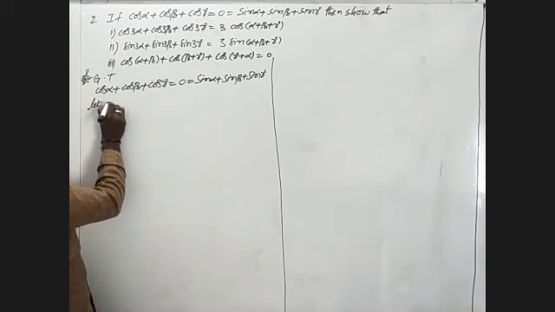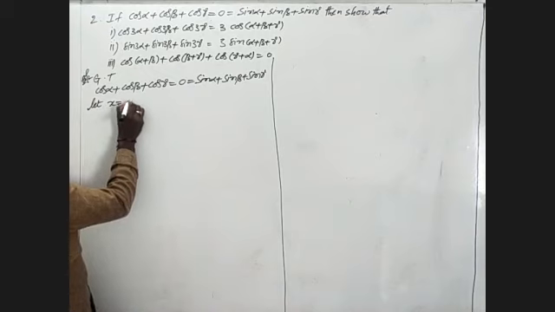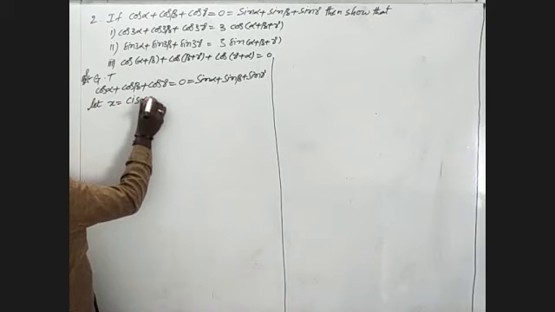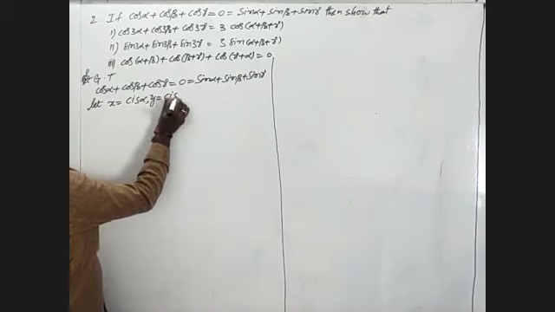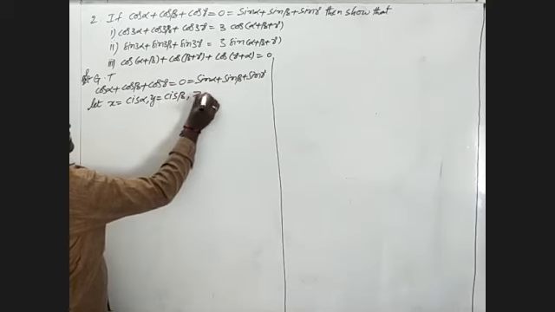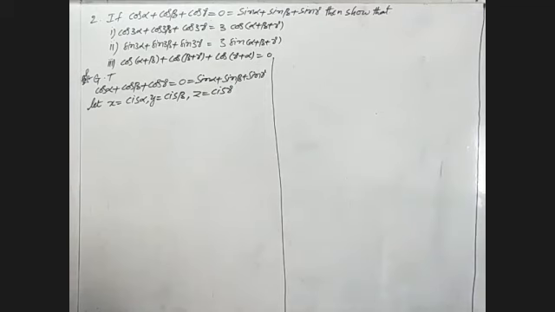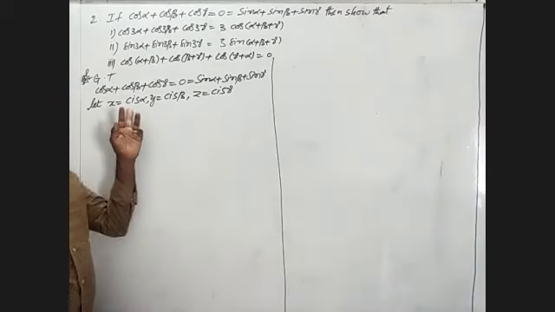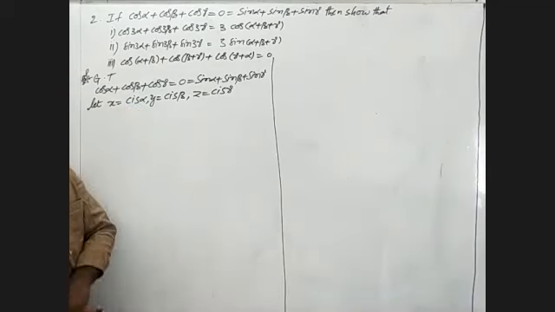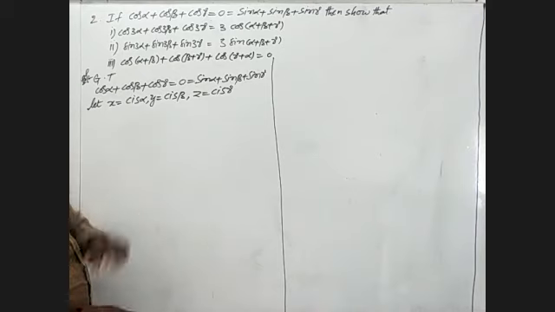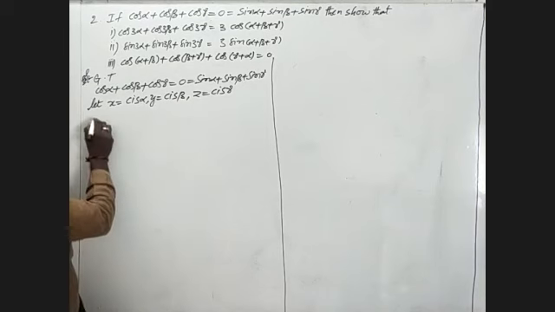Here we will take x is equal to cis alpha, y is equal to cis beta, z is equal to cis gamma, where cis alpha is nothing but cos alpha plus i sin alpha, cis beta means cos beta plus i sin beta, cis gamma means cos gamma plus i sin gamma.